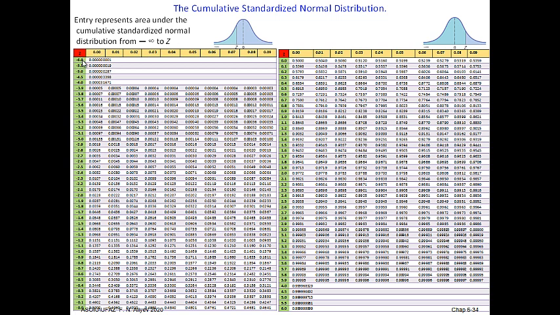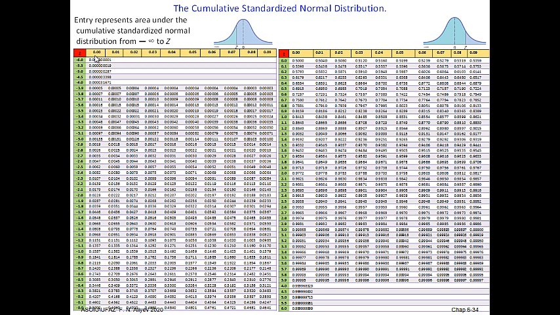The z values start from negative 6 and end with negative 0.1 and then 0. Here, from positive 0 to 6.0. As you see, in the green colored part we have only first decimal numbers, and the second decimal number we must take from this part.